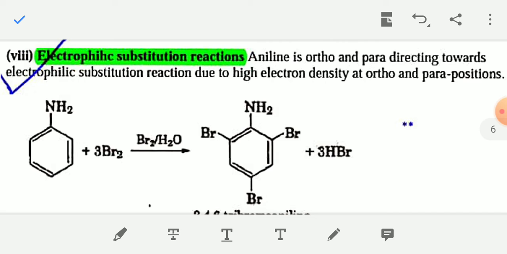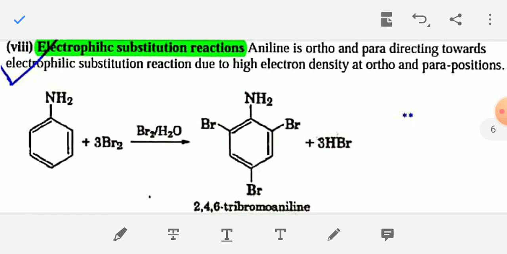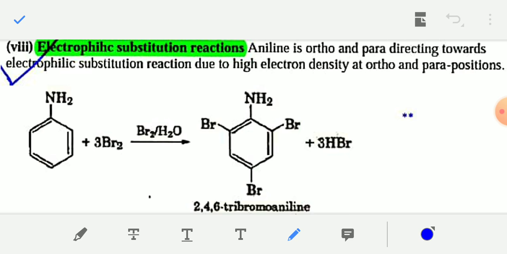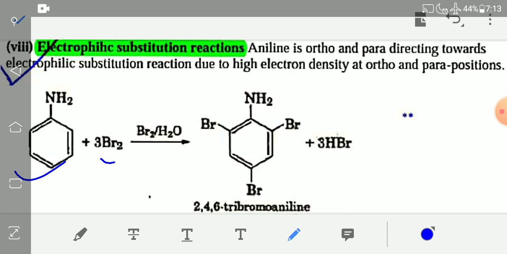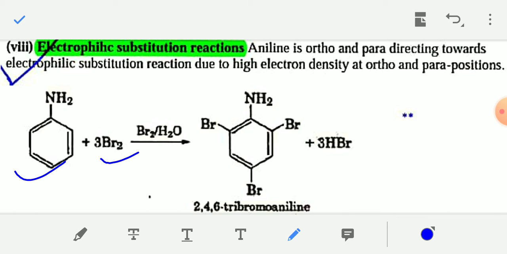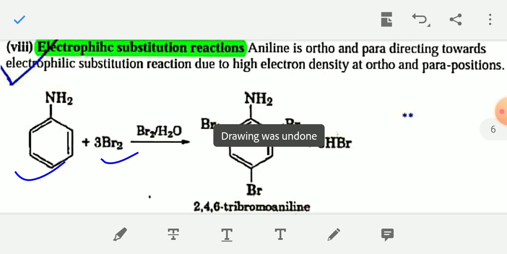So the reaction of aniline with bromine water is an electrophilic substitution reaction. Aniline with bromine water, Br2 water, will produce 2,4,6-tribromoaniline. This is a very important reaction of aniline.